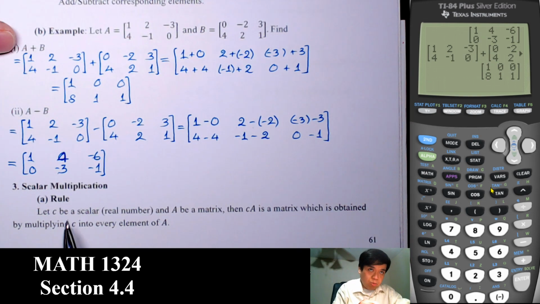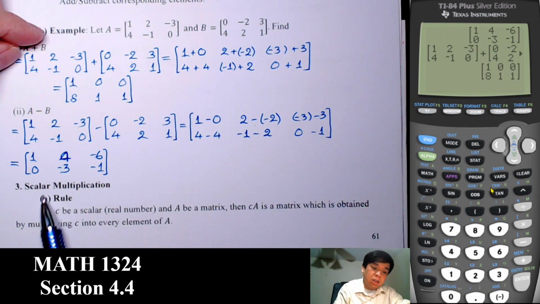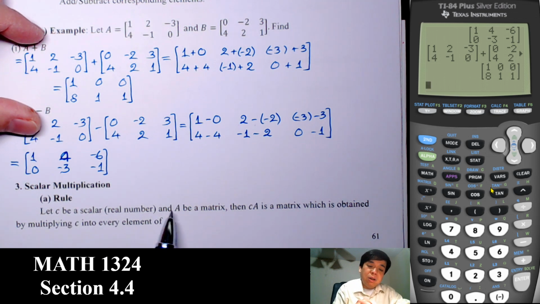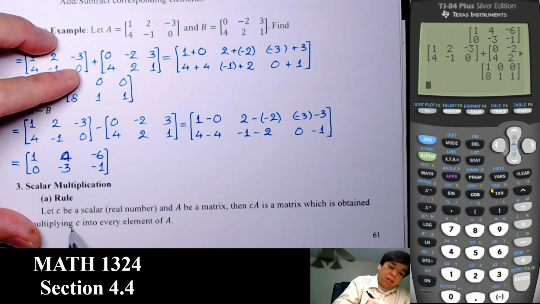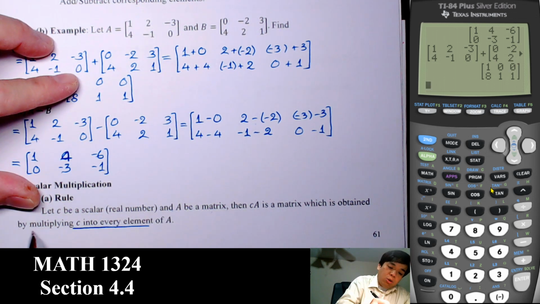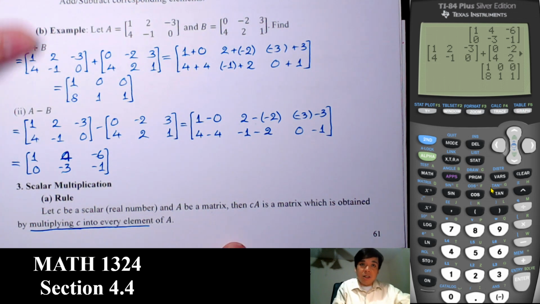The first multiplication is multiplying by a number. A scalar is a number. If a number is multiplied to the matrix, then we multiply that number to every entry, every element of the matrix.